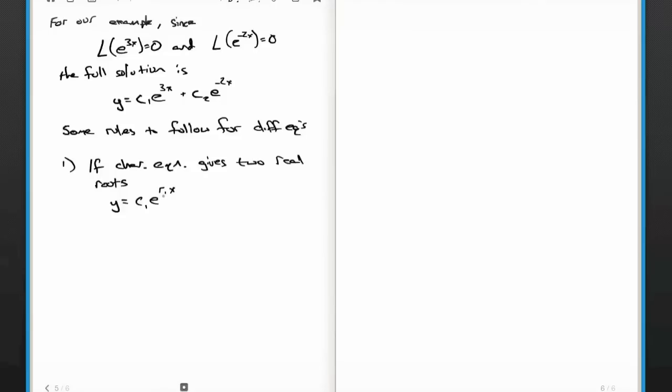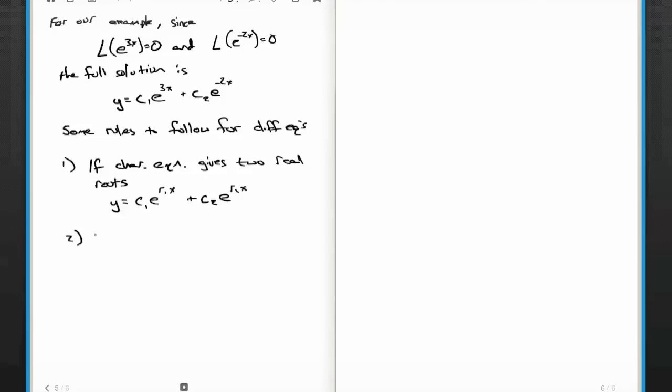So you're wondering why I picked r way back when. Well, r because it stands for root. Plus c2 e to the r2x. All right, that's supposed to be a 2 there. Well, whatever. You'll figure it out.